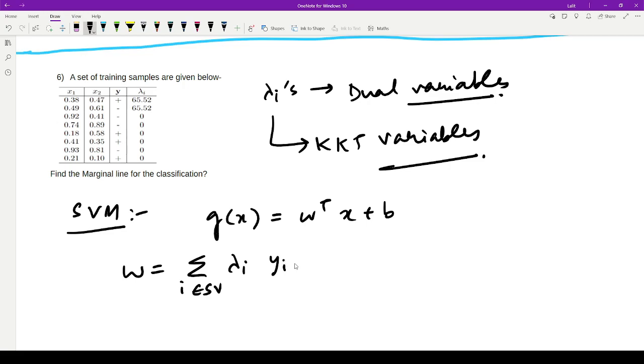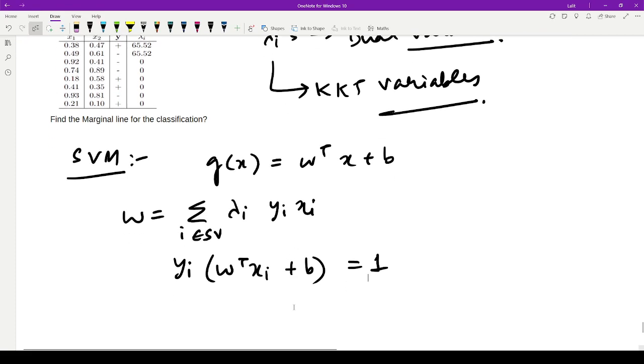This is the yi, this is lambda i, and this is xi. There is another constraint coming from the KKT conditions, which is yi times w transpose xi plus b is 1.